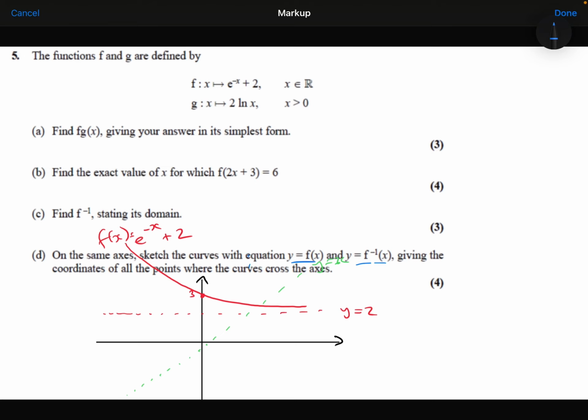So if I reflect the asymptote, first of all, that's going to be at x equals 2. And then it's going to look like this, cutting through here at 3, and intersecting there on the line y equals x.